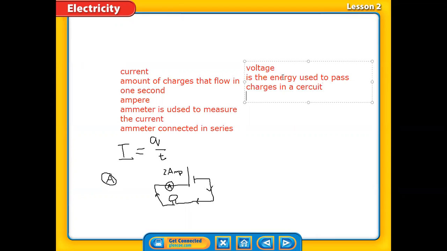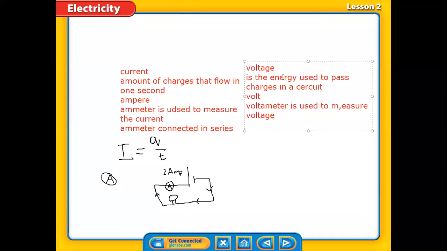It's measured by a measuring unit we call volt, and it is measured by a device called a voltmeter. This voltmeter is connected in parallel.